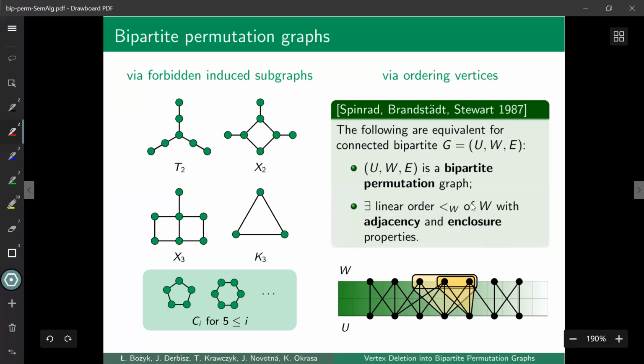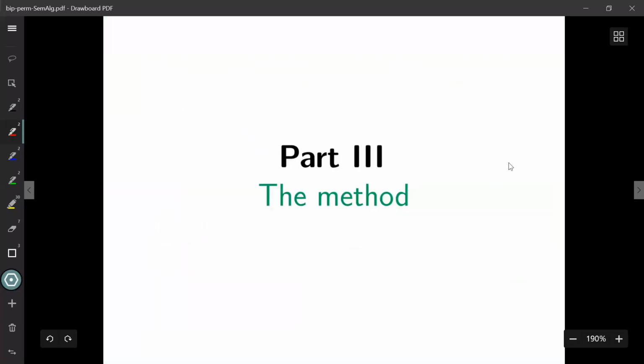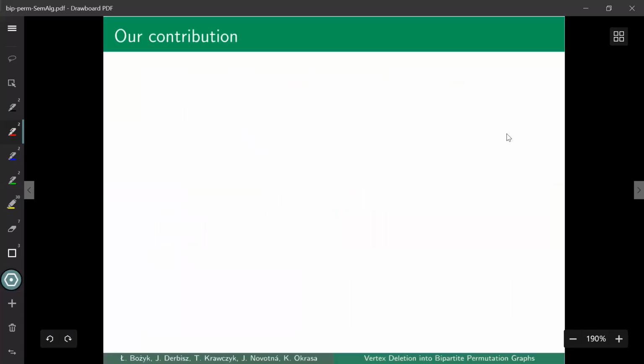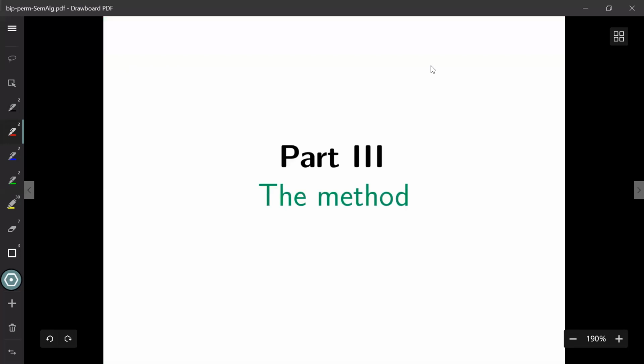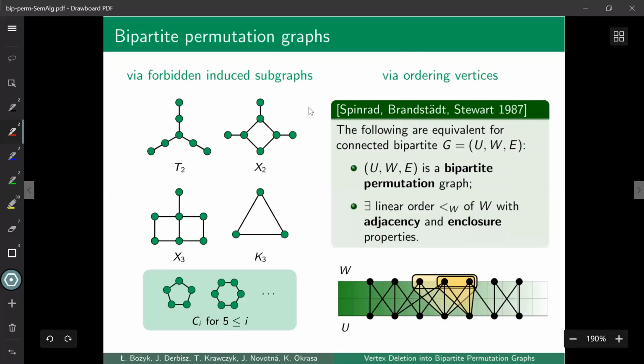Okay, so those are bipartite permutation graphs, and now how to tackle them. Referring to this branching technique, we can remove some finite subcollection of those forbidden graphs, say all of them and some small cycles, and we are left with a graph which may have long induced cycles, but nothing else from those.